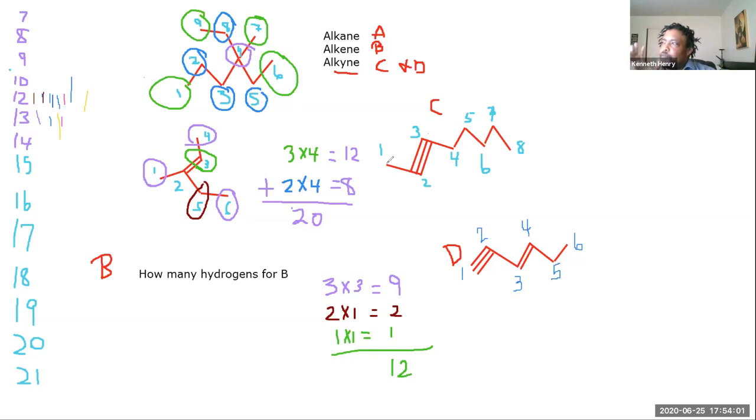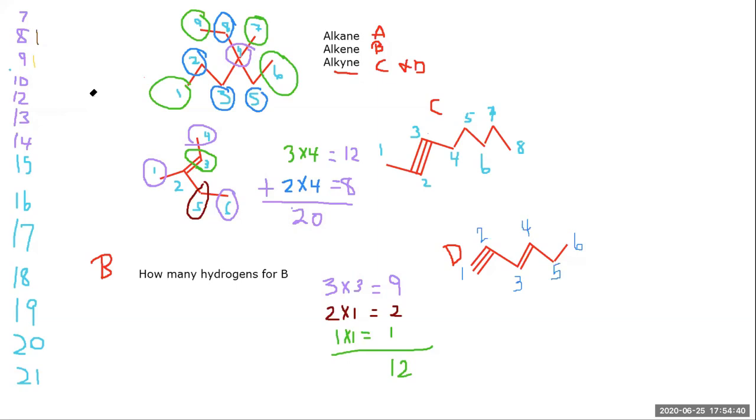So let's skip C. C's too easy. Let's do D. How many hydrogens there? Then we'll call it a day. No, I'm counting. Let me erase these.